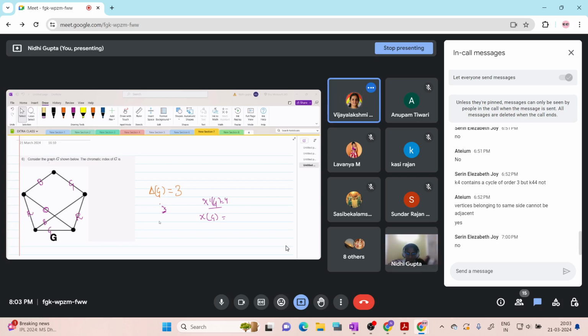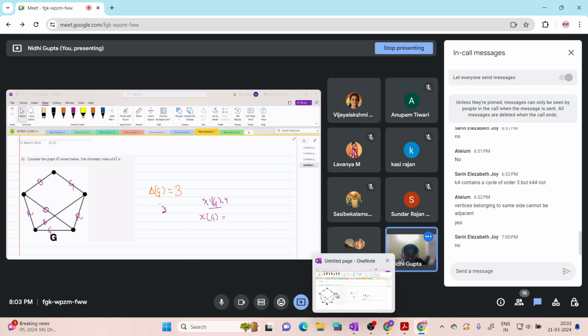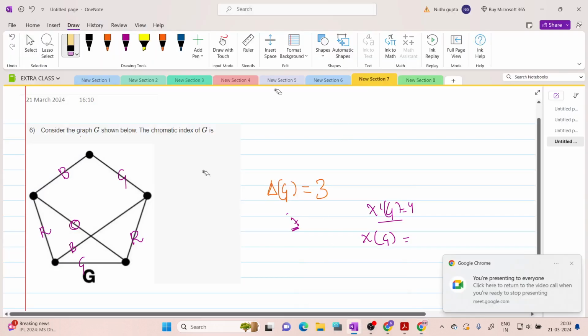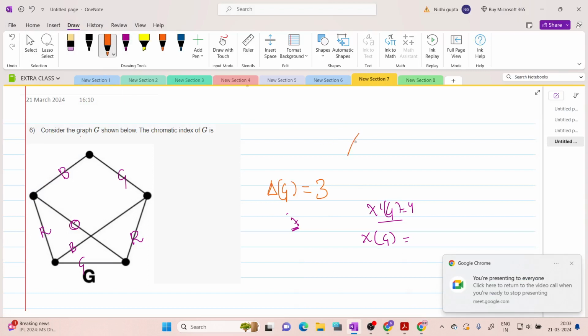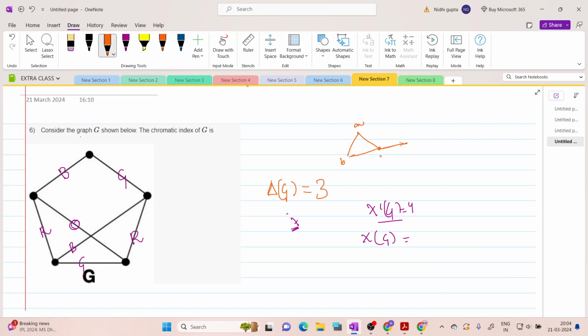Suppose some graph is like this, and this is the kind of edge you are saying. A, B, C, D, and CD is your edge. Now you are asking if there's an augmenting path.